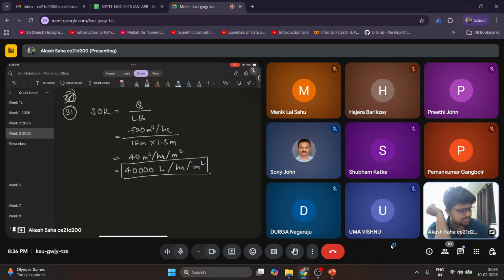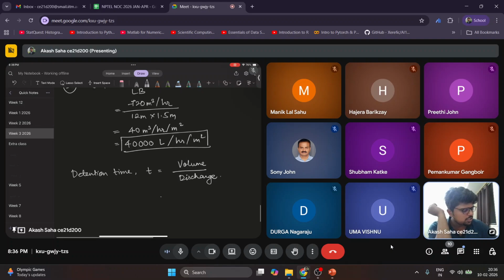Next one, what is the detention time? Detention time T is equal to the volume by discharge. Detention time is always volume by discharge. So volume is L into B into D divided by discharge.